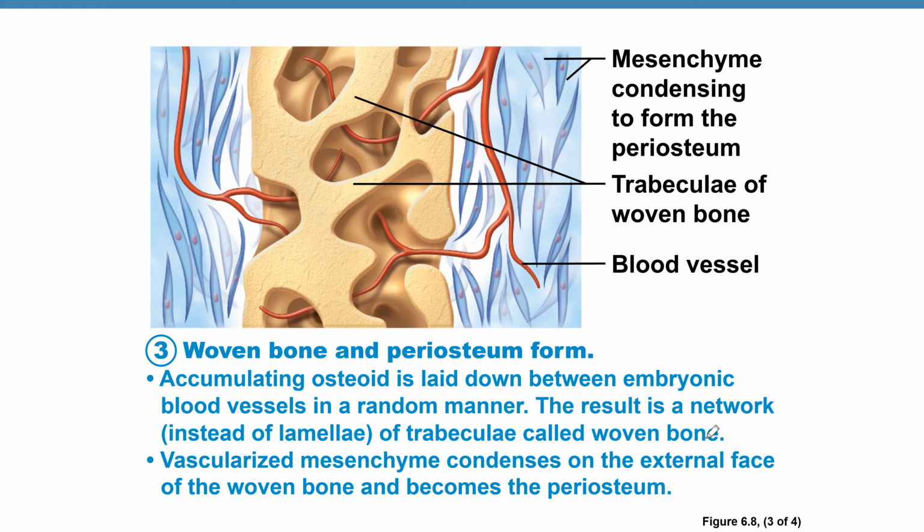Vascularized mesenchyme condenses on the external face of the woven bone and becomes the periosteum. We still have our membrane on the surface of the bone, it's still our mesenchyme, and this part condenses and becomes a covering of the bone called the periosteum.